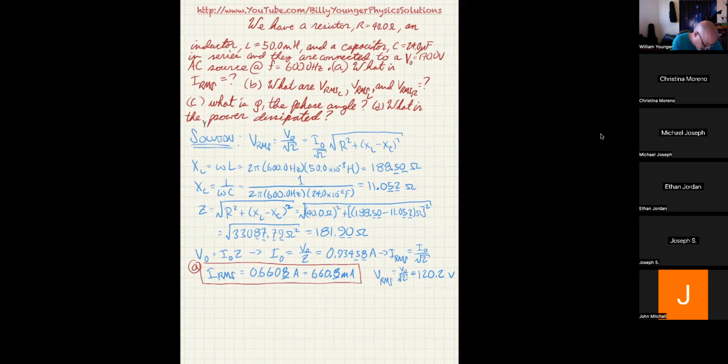Anyways, now we'll start part B. We want to know VRMS. So VRMS across the inductor is IRMS times XL.